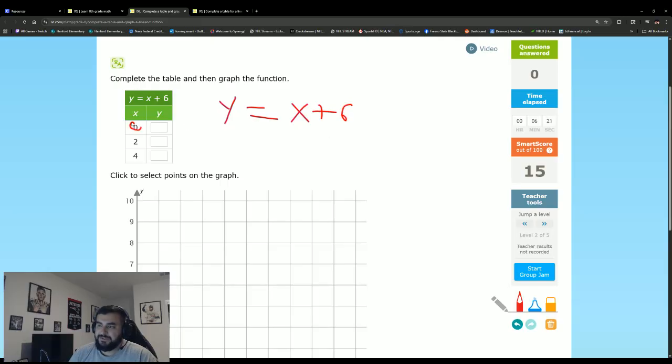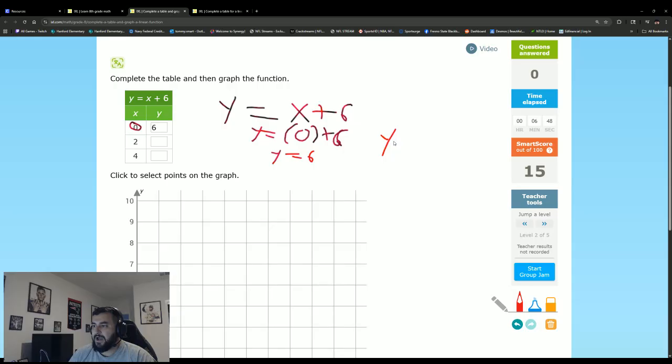My first number is 0, so let's plug that in. I'm going to just put it below here this time. And I'm not going to multiply it. There's a plus symbol blocking it, so no need to multiply this time. So we get y is equal to 0 plus 6, and that is equal to 6. So y is the number 6. So I put that right there. Next one, the x is 2.